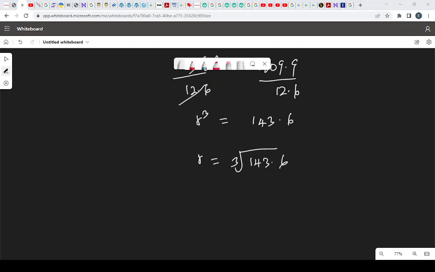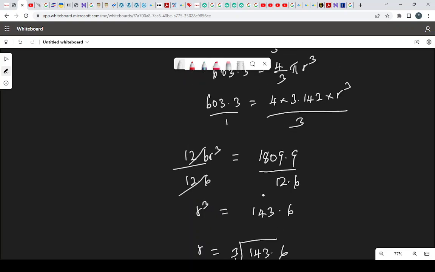Checking the cube root of 143.6, the cube root is 5.2 approximately. The R is 5.2 centimeter. And that brings us to the end of this question.